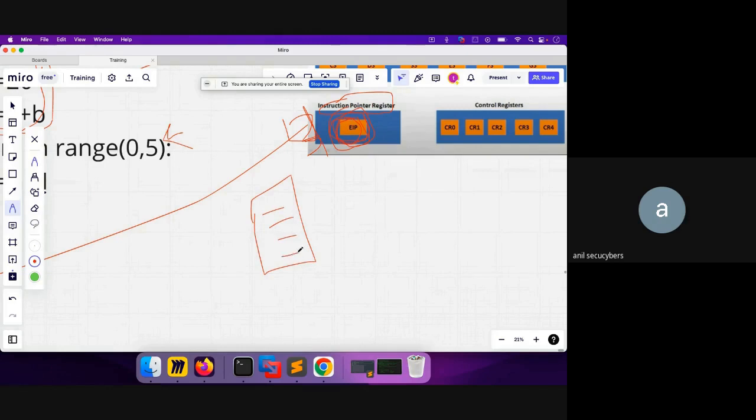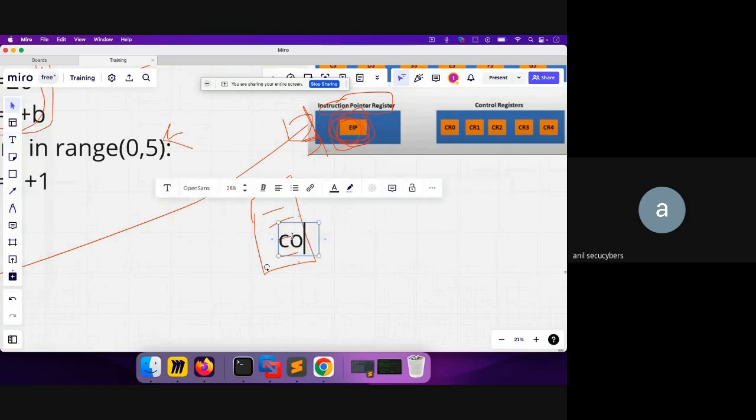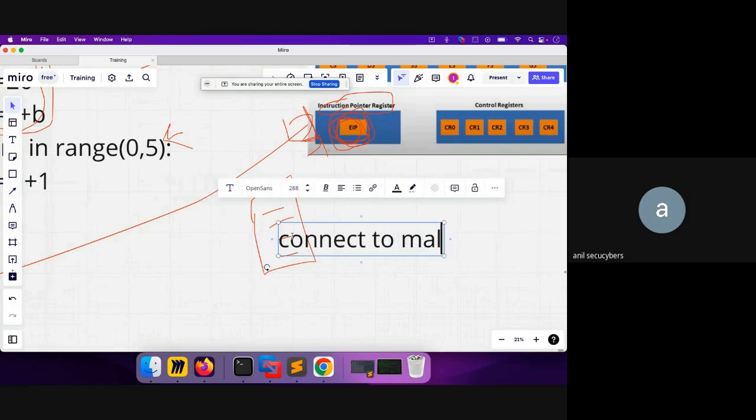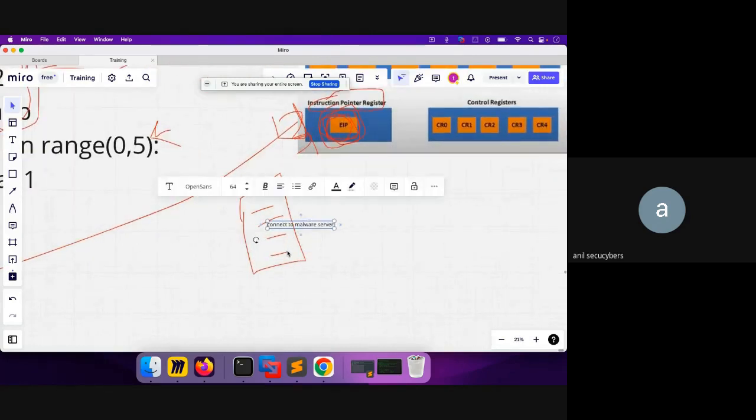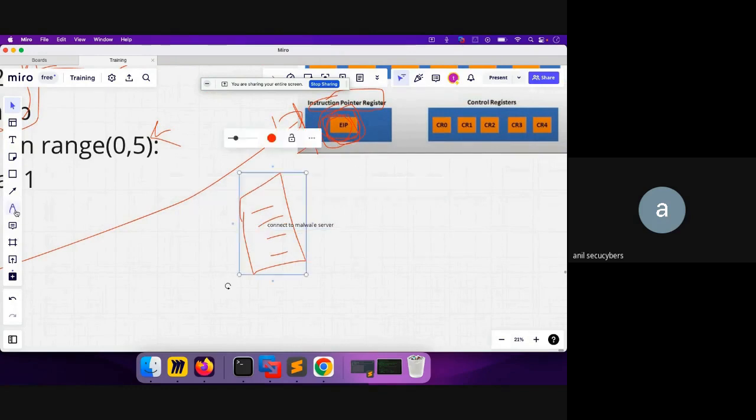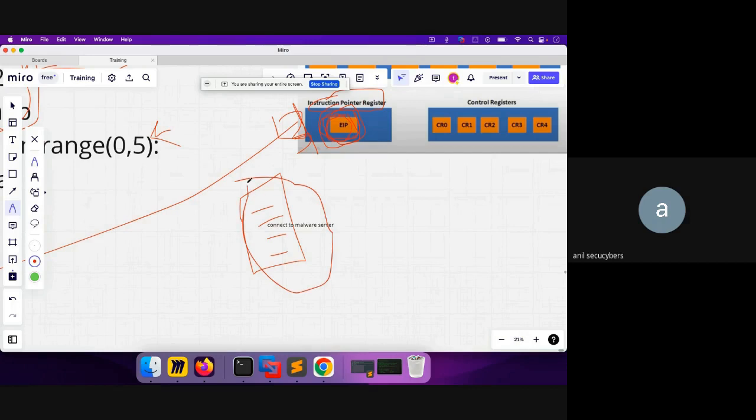Let's say one line of the attacker's code is "connect to malware server", for example.